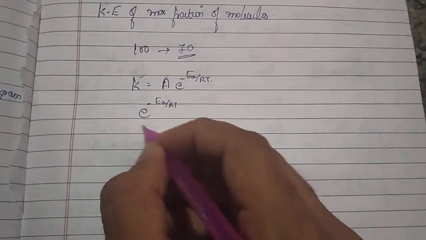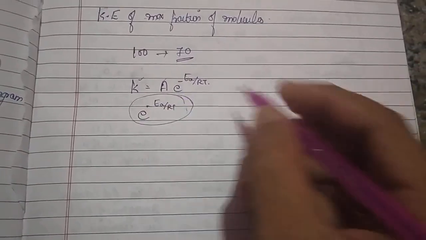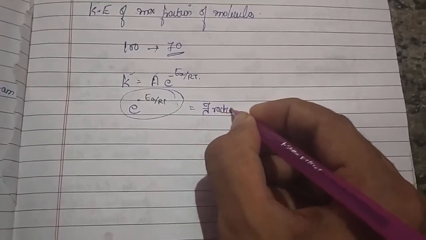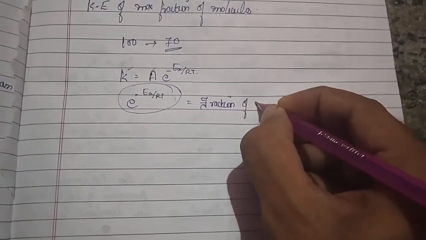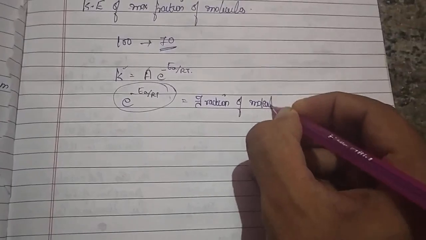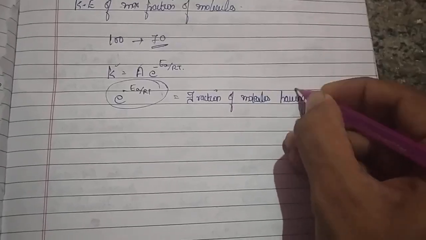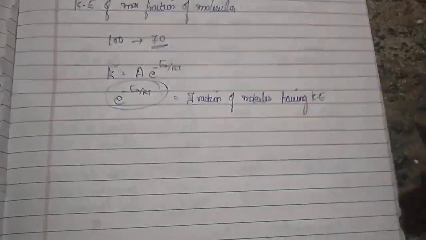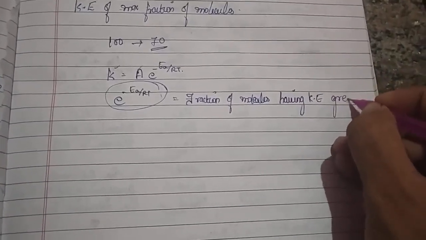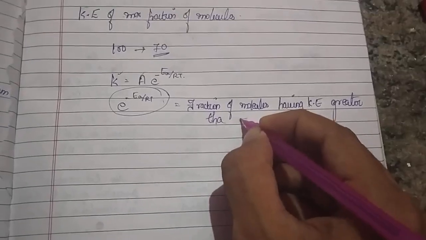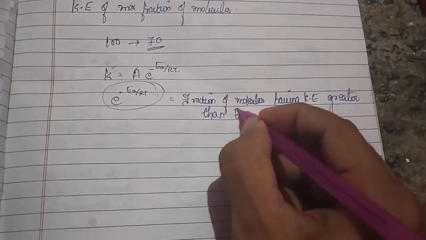Remember, the exponential term mainly represents the fraction of molecules. What does it represent? The fraction of molecules that have kinetic energy greater than that of your activation energy.